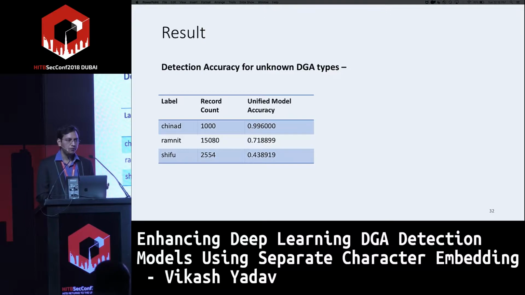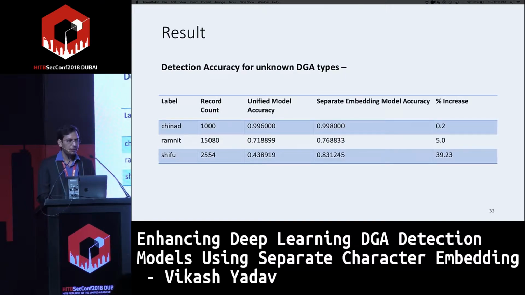Where our unified model was not so good was in detecting new unknown DGAs, something that was not part of the training process, something that it has never seen before. And the accuracy for Shifu DGA types was really low. But with our changes, our separate character embedding model has 39% higher accuracy as compared to the unified model.